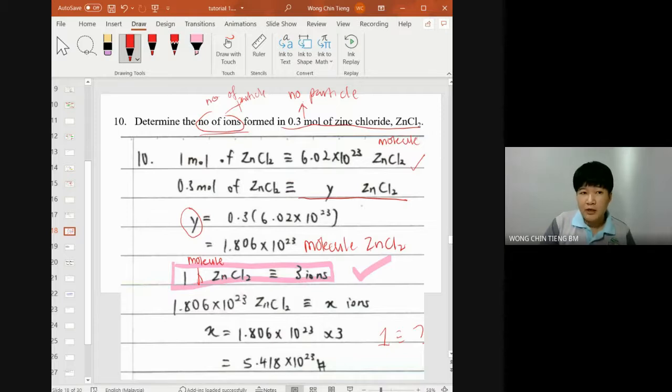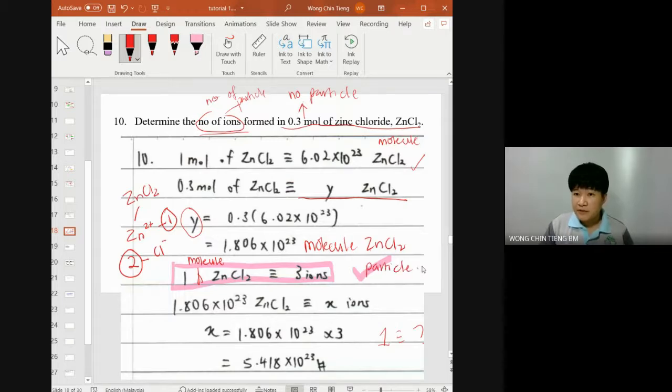Okay? Kenapa 3 ion? Because ZnCl2 will give rise to Zn2+, will give rise to 2 of Cl-. So, 1 Zn2+, 2 Cl-. Dia compare yang ni adalah compare dari segi particles.